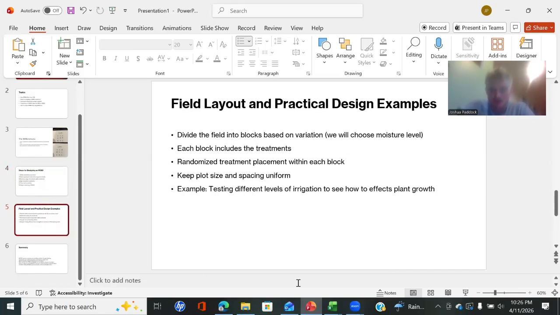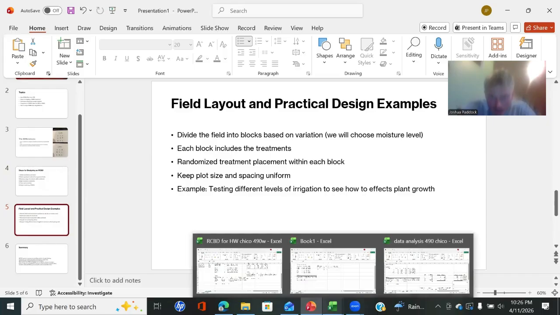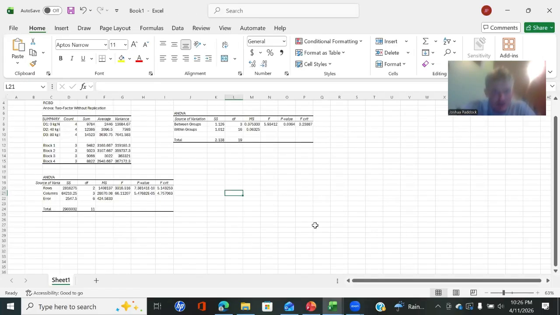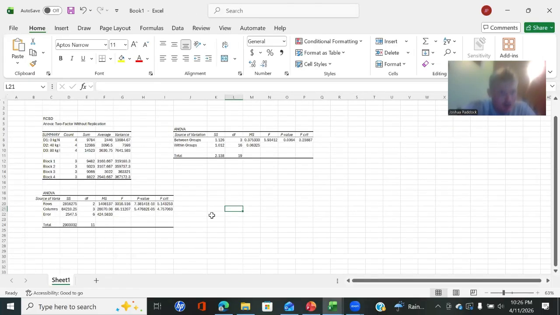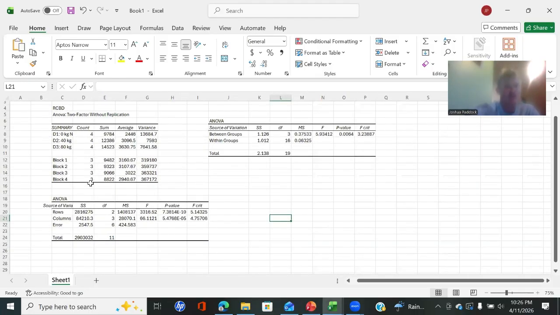Oh, and then I'm supposed to show you guys on Excel the difference in the ANOVAs. So on the left, this right here is the ANOVA for an RCBD.